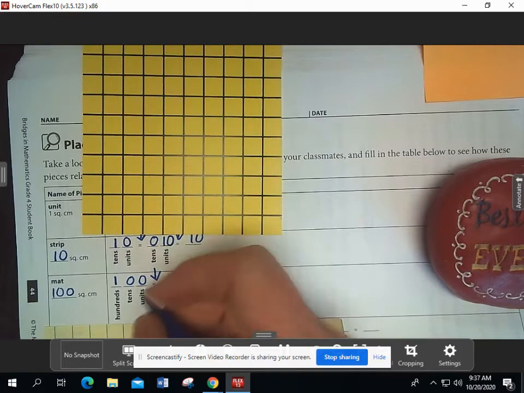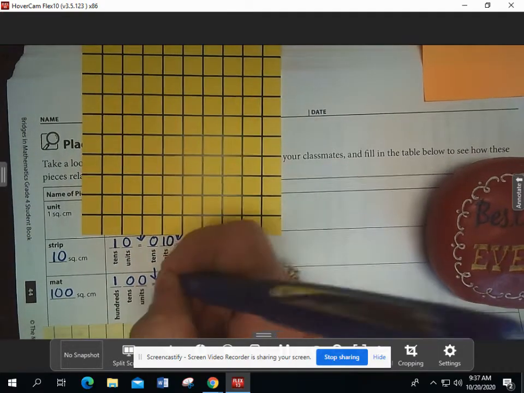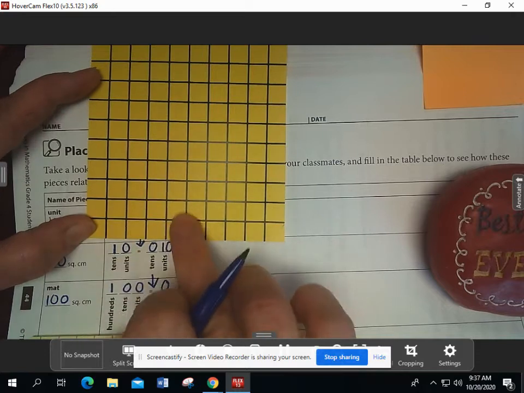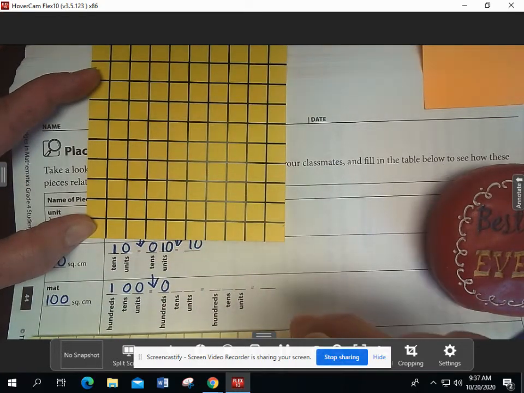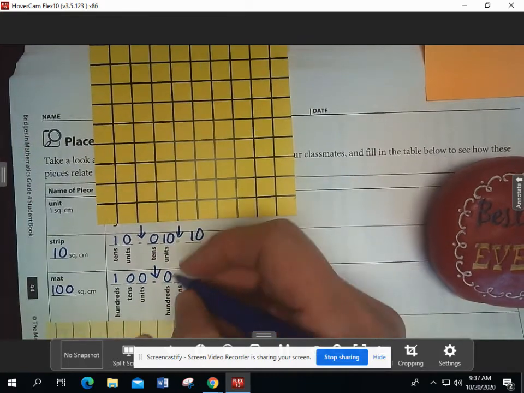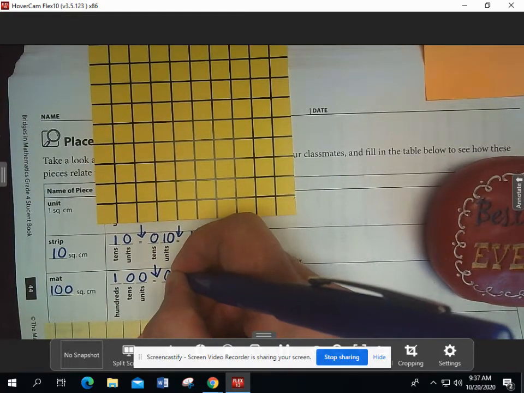So we would put a 0 there. And if I cut this into strips, how many strips would I have? Jacob? 10.